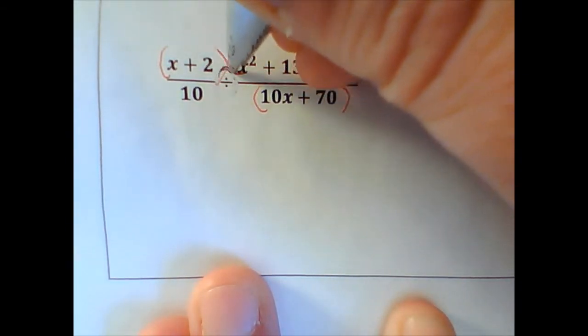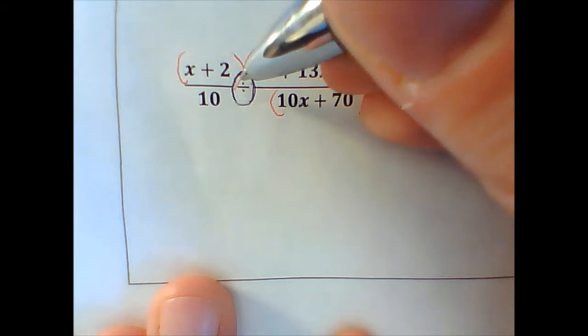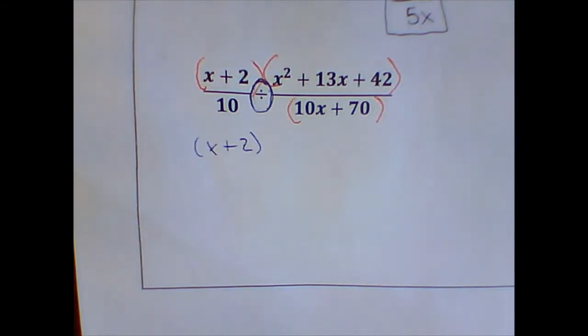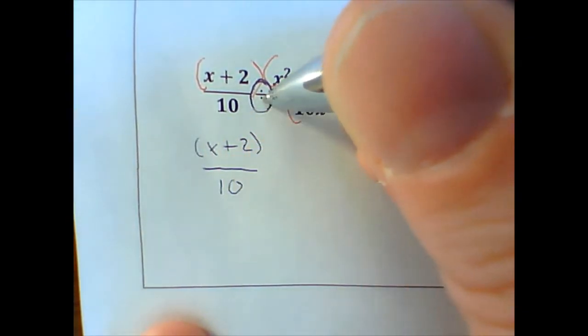No good. Okay, and there's a division symbol. So we're going to turn this back into a form that's a little bit more familiar. We're going to turn this back into multiplication. So the first fraction is unchanged. The first fraction just sits there. So we still have an x plus 2 over 10.